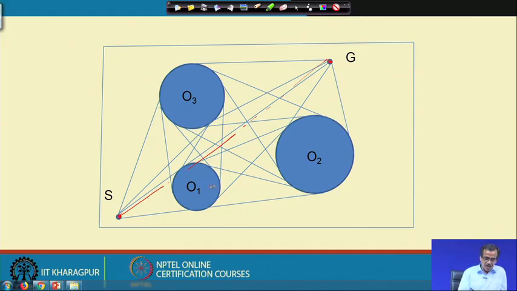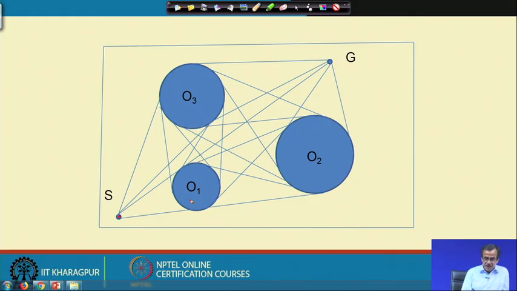But if I consider the obstacle here, the path will be slightly different. How to find out that particular path? To find out the path, we take the help of the tangent graph technique. The technique is as follows: we start from this particular point S, and we try to find out which one is the most critical obstacle.